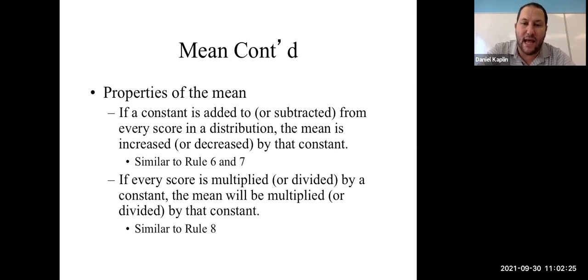If you add or subtract from every score in the distribution, the average would be increased or decreased by that constant. You can see that was reflected in Rule 6 and Rule 7 from the first lecture. Additionally, if you multiply or divide by a constant, the average or mean will be multiplied or divided by that constant, similar to what we said in Rule 8.